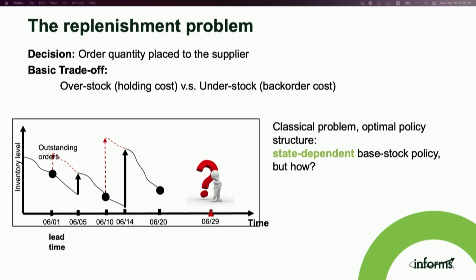So this is a classic problem from the textbook or the classroom of supply chain management. All of us know that the optimal policy structure is a state-dependent base stock policy. But the problem is how the optimal base stock level depends on the state.